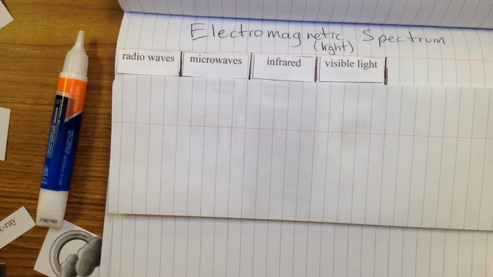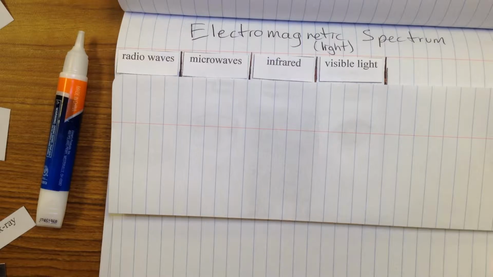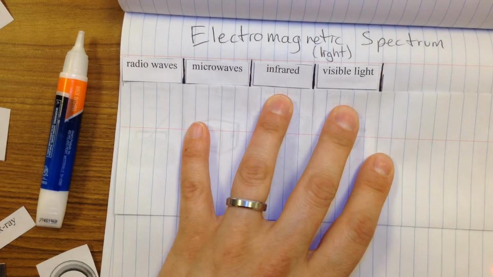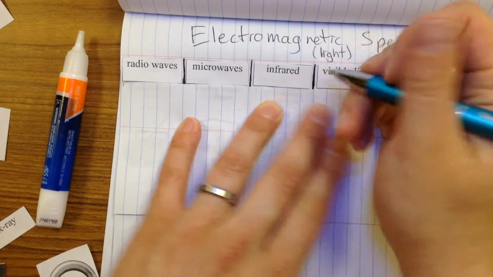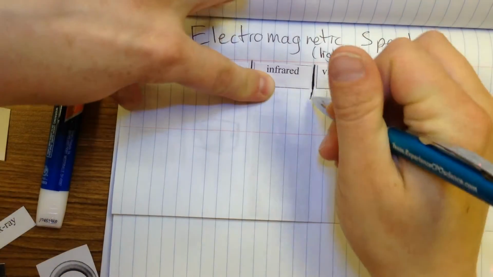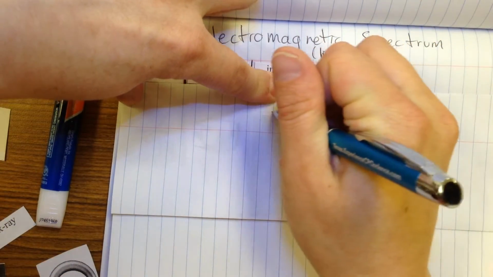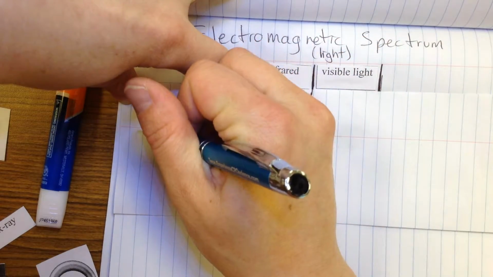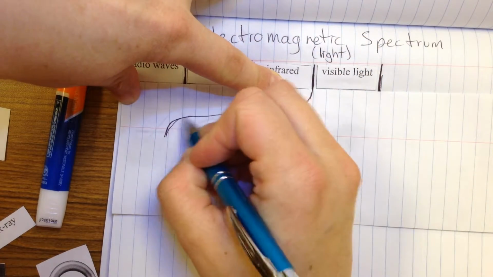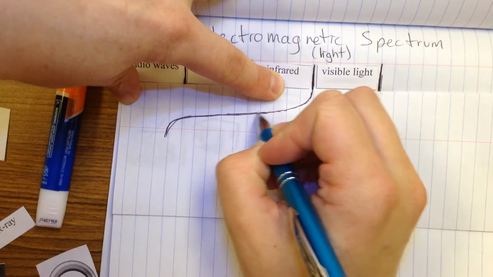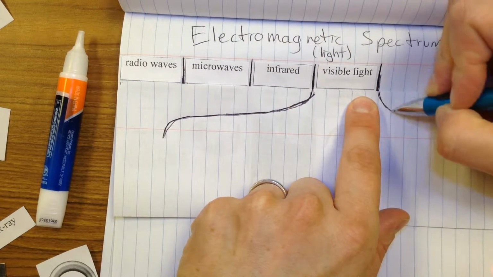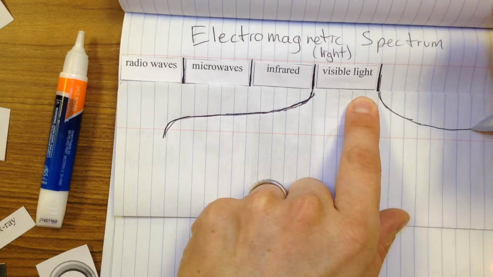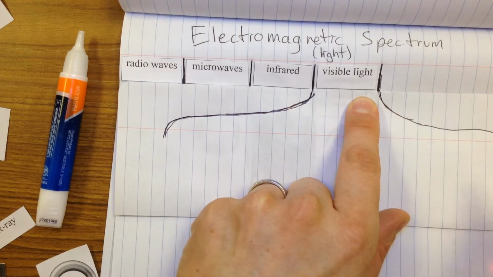Okay, we are going to talk about the colors of the rainbow. So, those two really dark lines on both sides of visible light, we're going to expand that. Just do a little bracket thing over here, both directions.